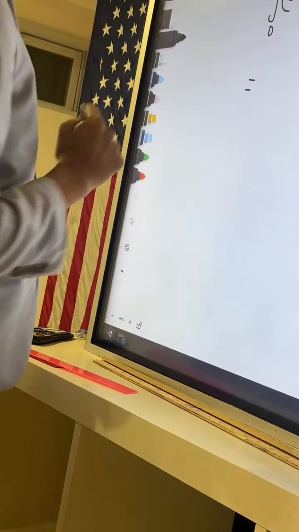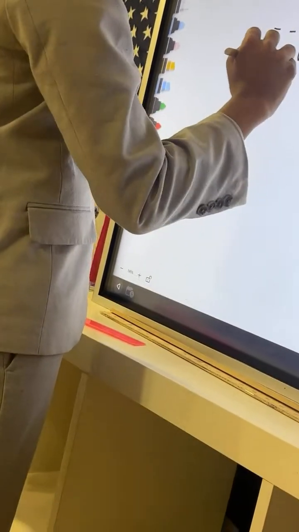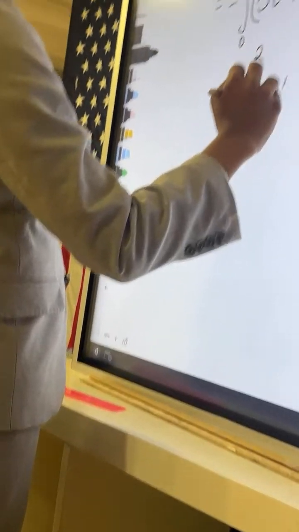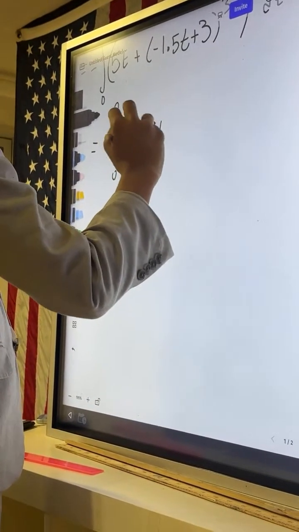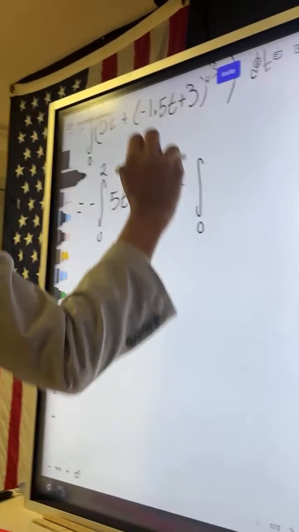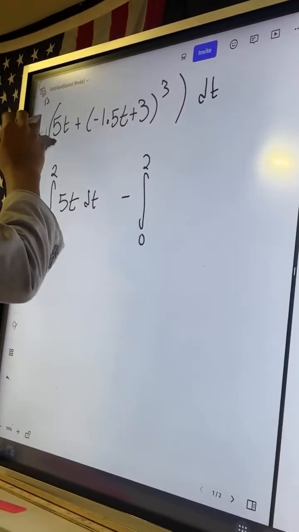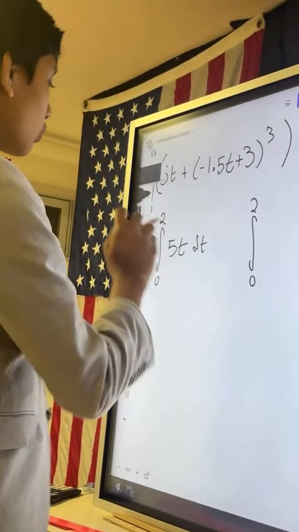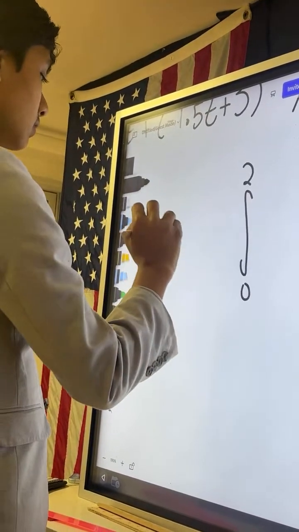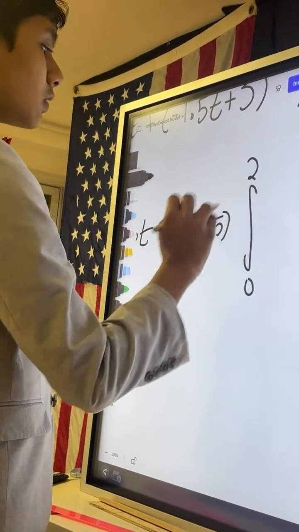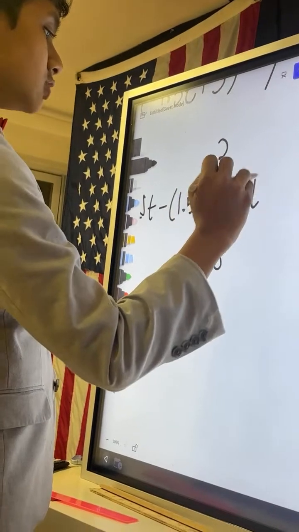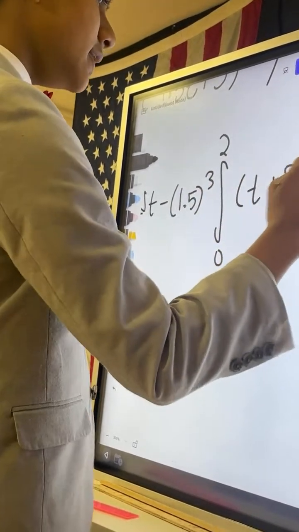So now this is equal to the negative integral from 0 to 2 of 5t, minus the integral from 0 to 2 of, we can take out the 1.5 cubed, make this just (t plus 2) cubed dt.